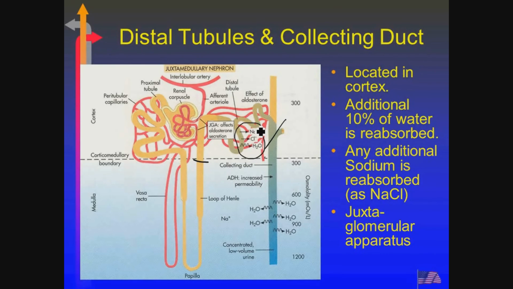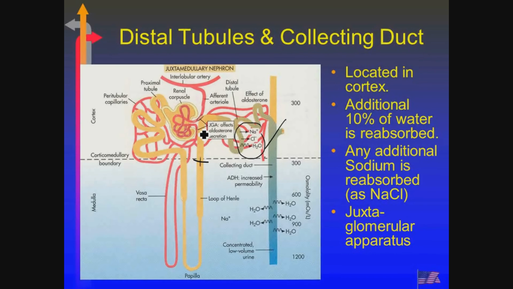And this is also where you have what's called the juxtaglomerular apparatus, where that duct passes by the peritubular capillaries, the afferent arteriole and the efferent arteriole, leading into the glomerulus, and that has a special function also we'll talk about next time when we talk about aldosterone.